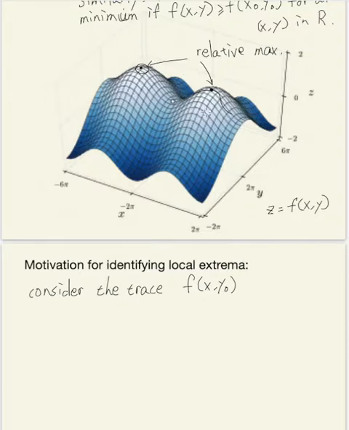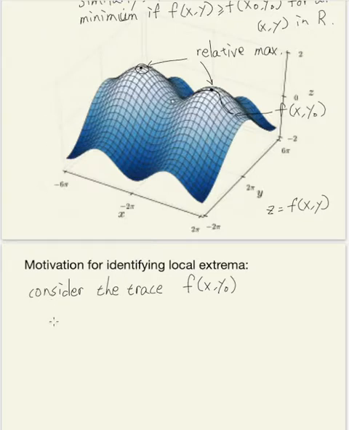So it's a curve that lies on this surface. Now, since this point is a relative maximum, the value of f at this point is still a maximum on this curve.